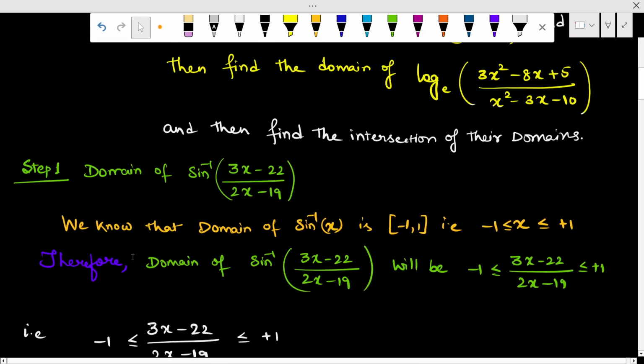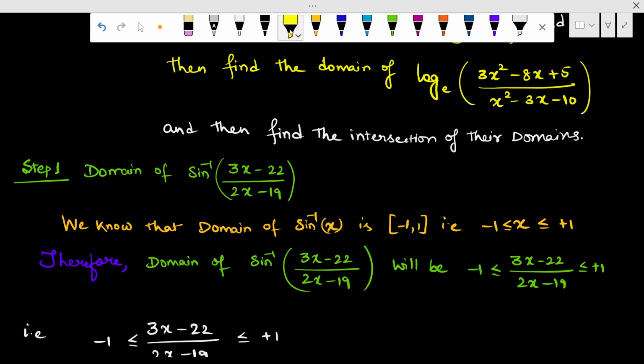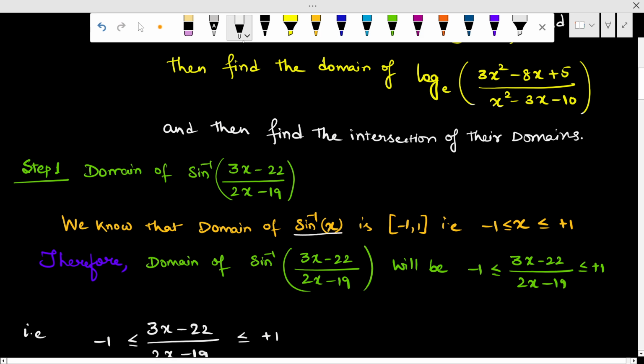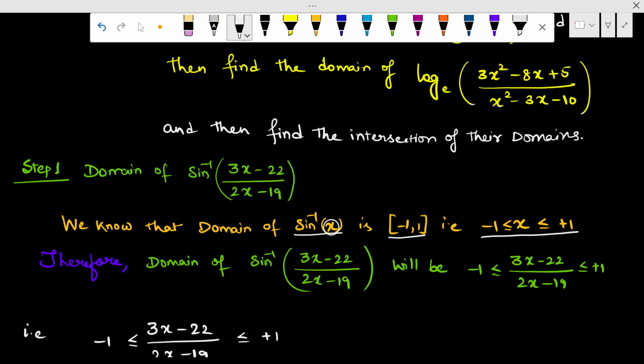So step 1 is to find the domain of sine inverse of (3x minus 22) by (2x minus 19). We know that the domain of sine inverse x is minus 1 to 1, meaning x lies from minus 1 to 1. So here in place of x we have this quantity (3x minus 22) by (2x minus 19).